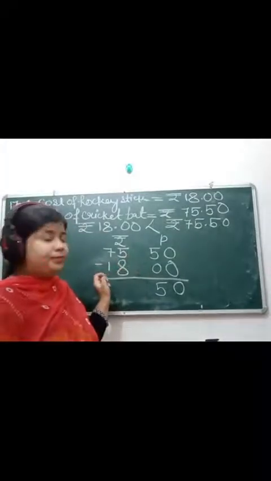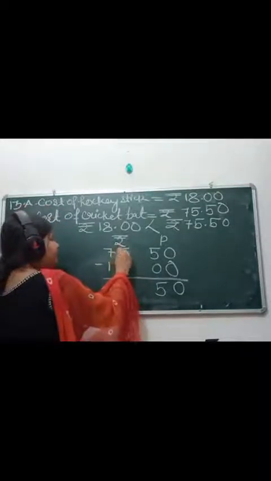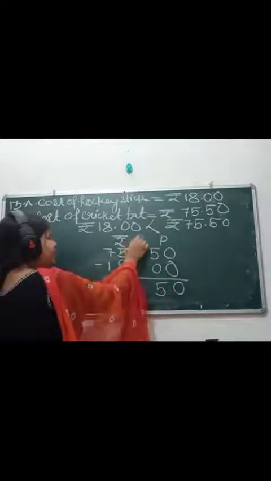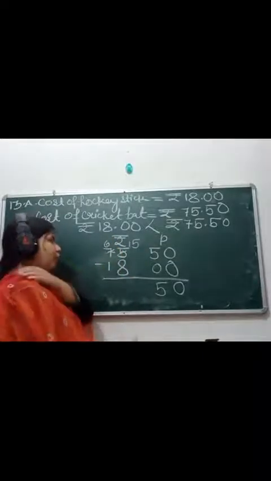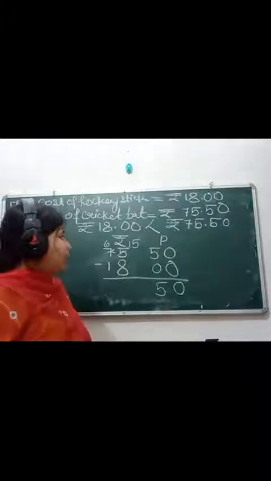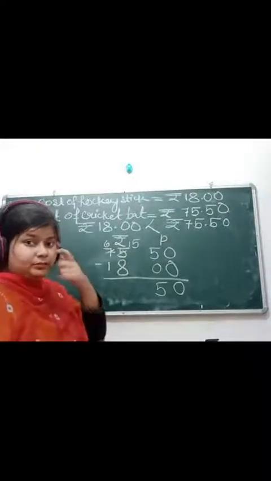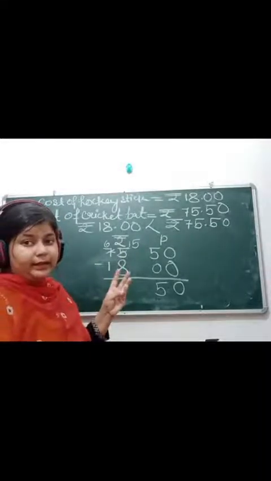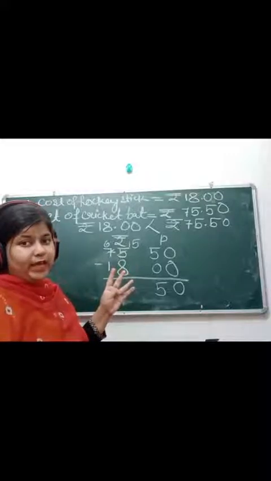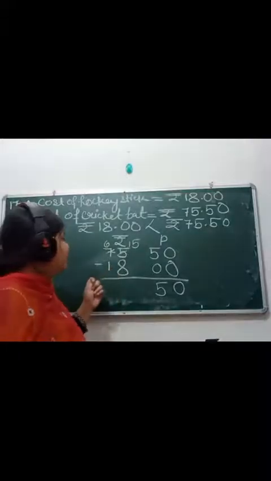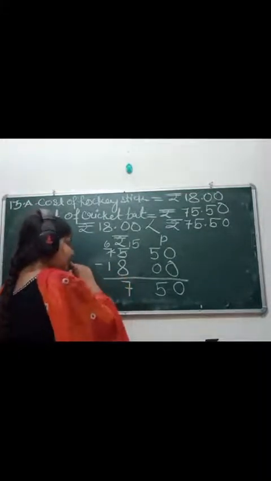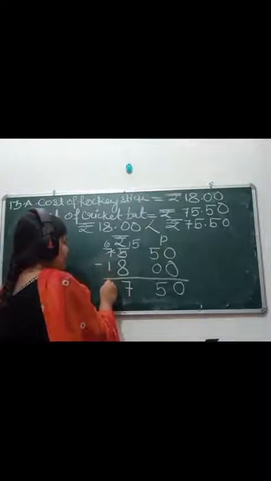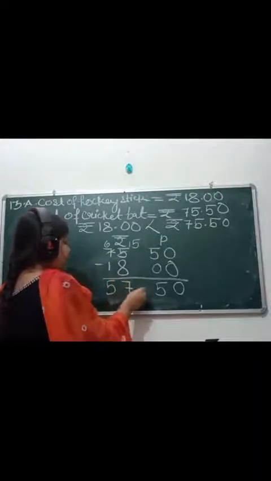So what will we do? This 5 will take a borrow, this will become 15 and this number will become 6. Now count after 8 to get 15: 9, 10, 11, 12, 13, 14, 15. That means 7. Now 6 minus 1, we will get 5.